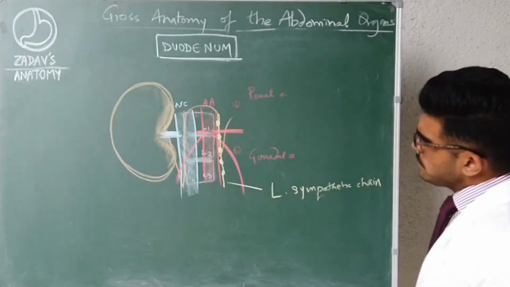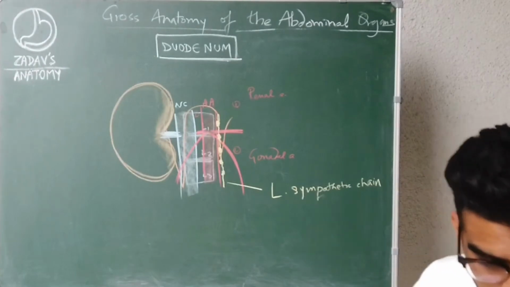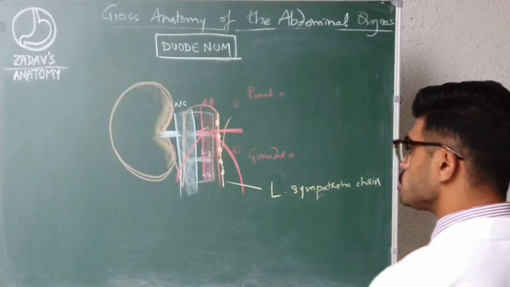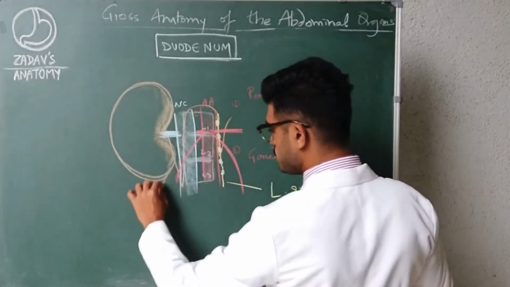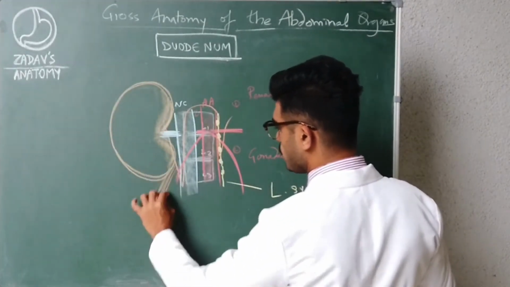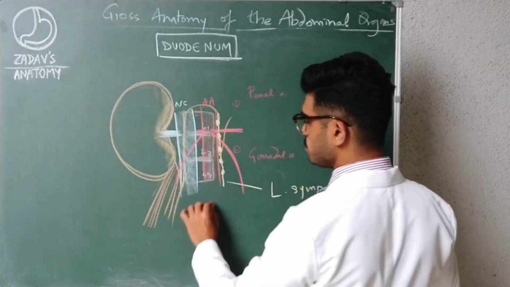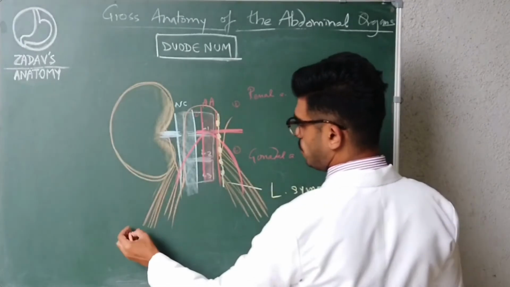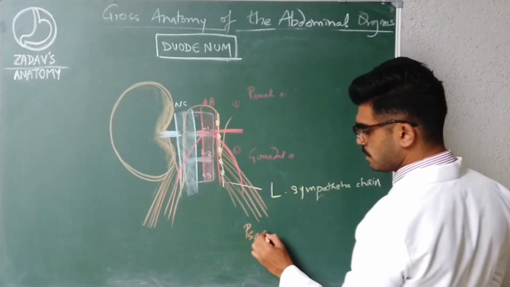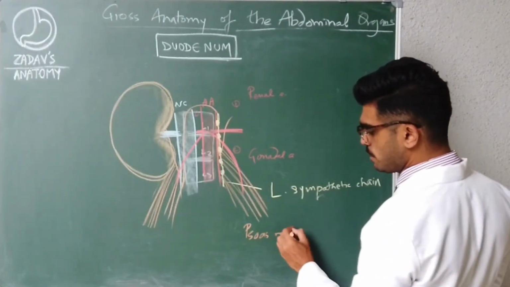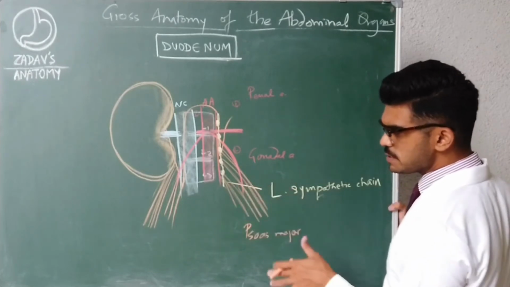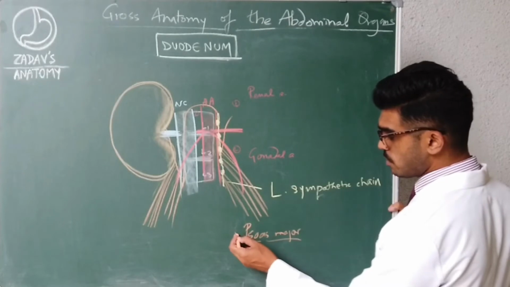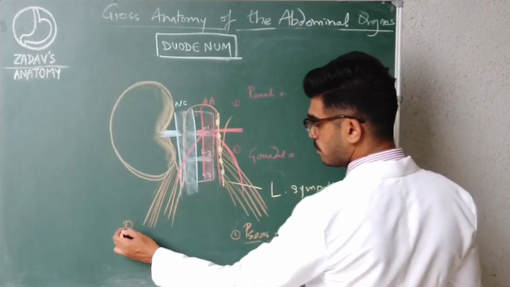And if you've seen my first lecture, Introduction to the Abdomen, then I'm sure you're familiar with the psoas major muscle that arises from the transverse processes of the lumbar vertebrae on either side. So what we have constructed is the posterior abdominal wall with a couple of contents that we are now going to be discussing in the posterior relations of the duodenum.